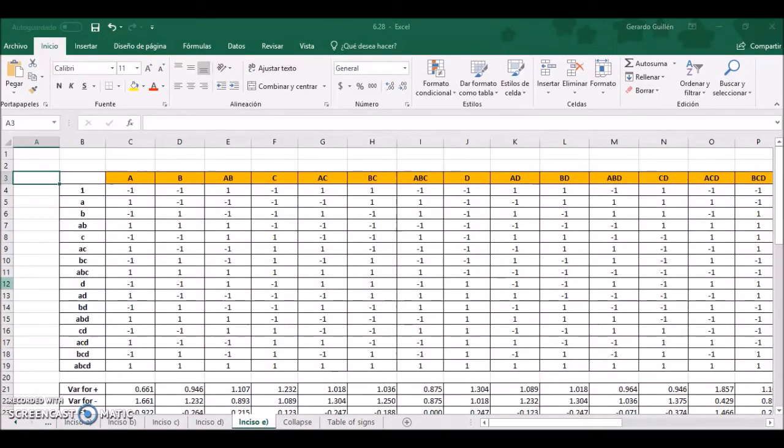To check if the design can be collapsed into a 2^3 design with 2 replicates, we need to obtain the F asterisk of each source. To get them, we are going to use the table of signs and the residuals. We are going to get the positive variance and the negative variance from each source.